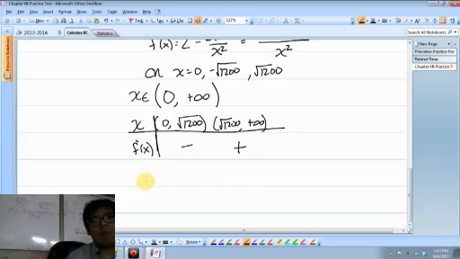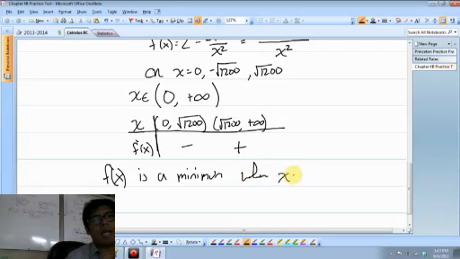All right, so it looks like we have a relative minimum. So f of x is a minimum when x equals, see, the square root of 1200 is 20 times 3, right? 400 times 3.